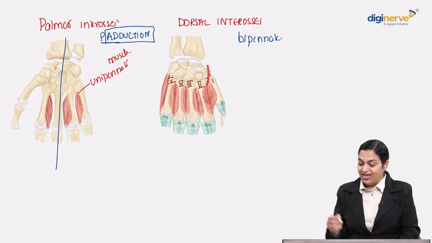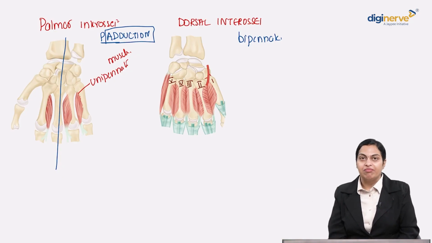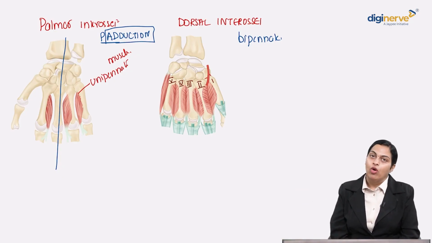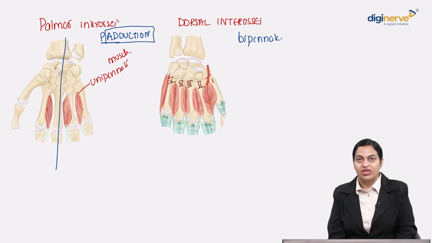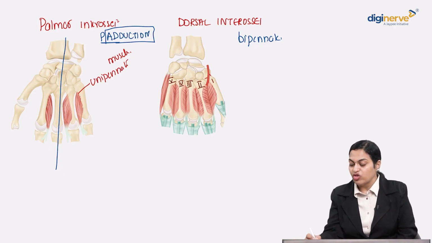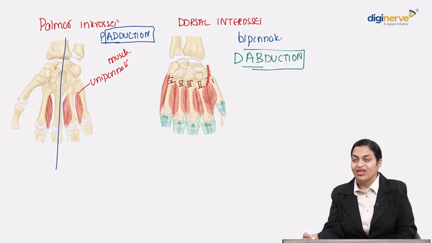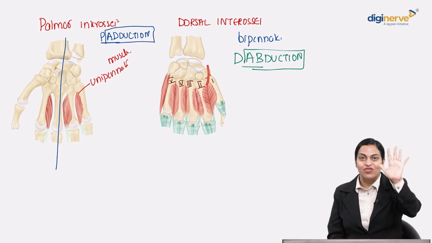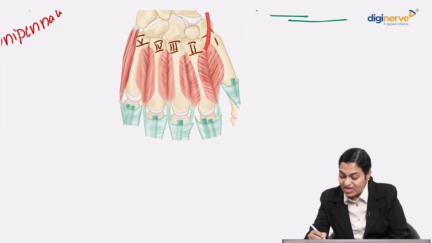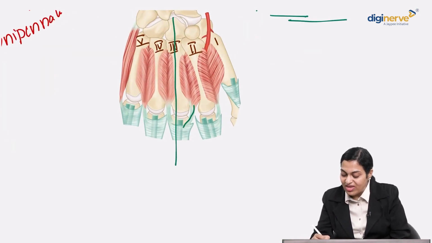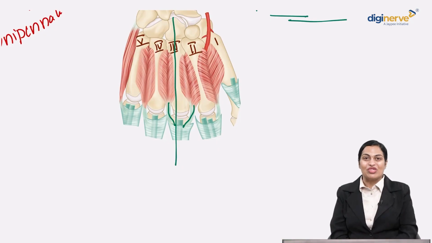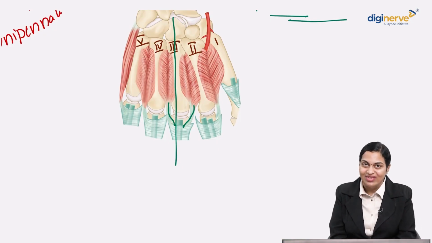All of them are innervated by the deep branch of the ulnar nerve, both palmar interossei and dorsal interossei. The dorsal interossei, DAB, cause abduction of the digits. I told you the axis passes through the middle finger. The middle finger can be moved on either side, so it receives the insertion of two dorsal interossei to move it on either side.